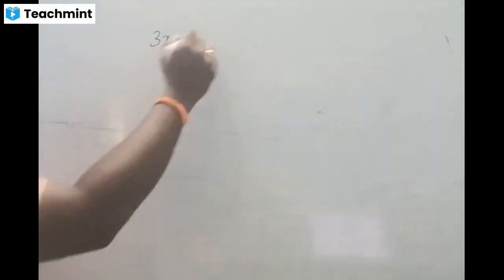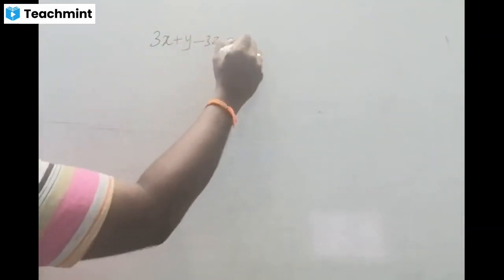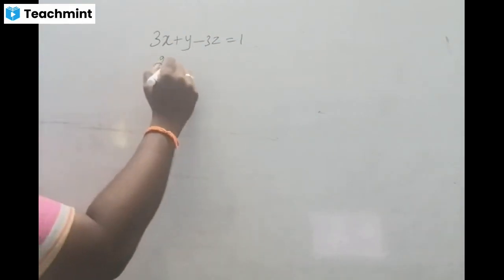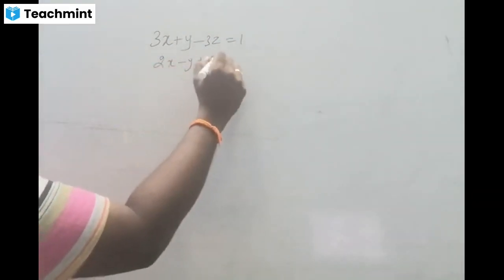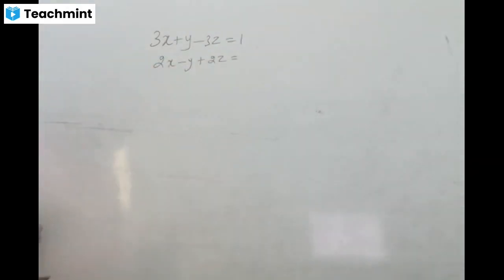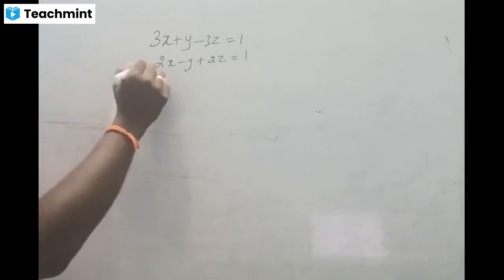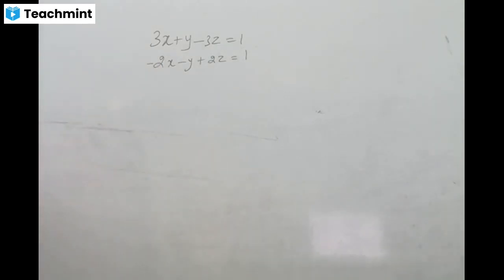So solve 3x plus y minus 3z equal to 1. Sorry, minus 2x minus y plus 2z equal to 1.